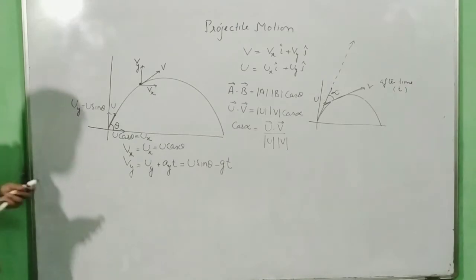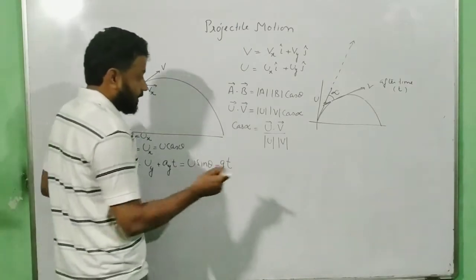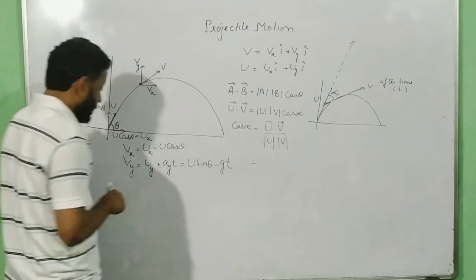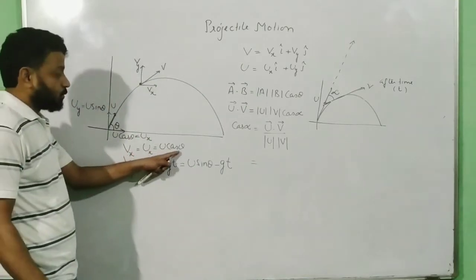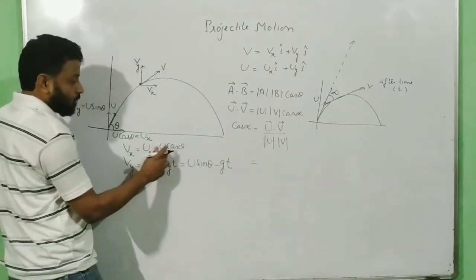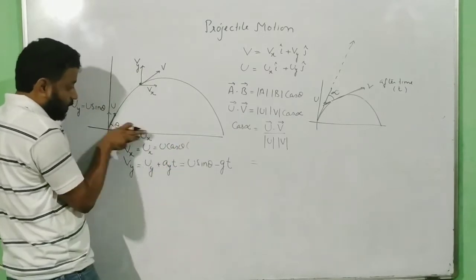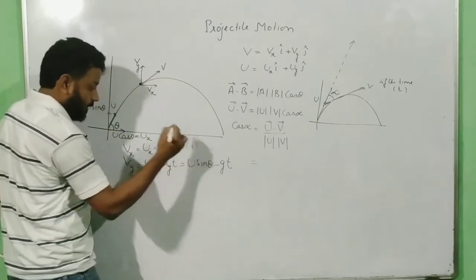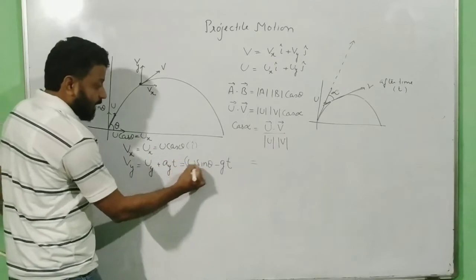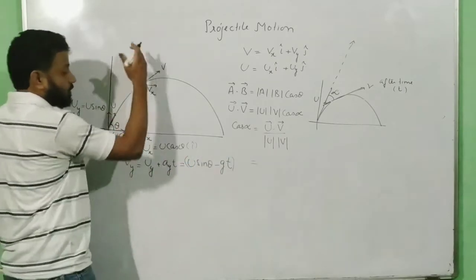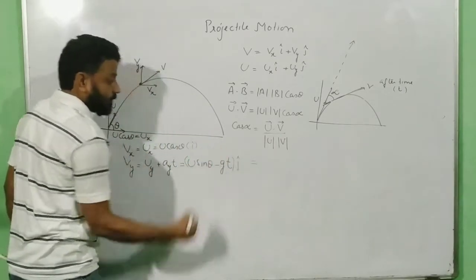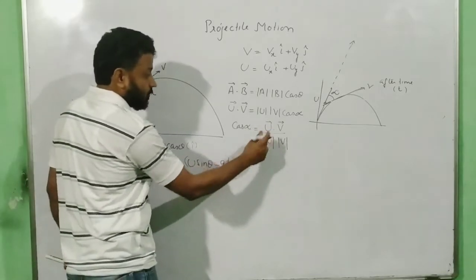Now let's put in the values of whatever we have obtained here. What is u? u is u cos theta, and what is the direction of u cos theta? u cos theta is pointing along i cap. So this is my i cap. What about vy? This is my vy, so vy is pointing along j cap. So I am going to put the values over here. u dot v.